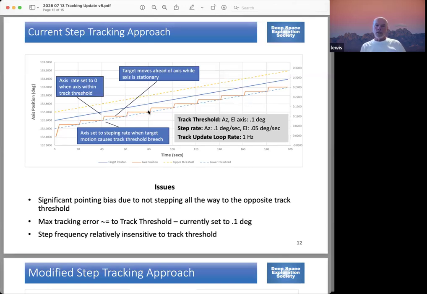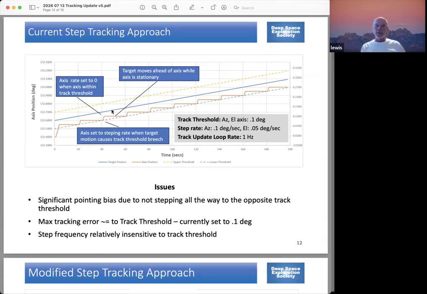And so the max error is the threshold. But what you end up seeing is it ends up having a bias off of that. And that results because it doesn't step the axis all the way to the other boundary.